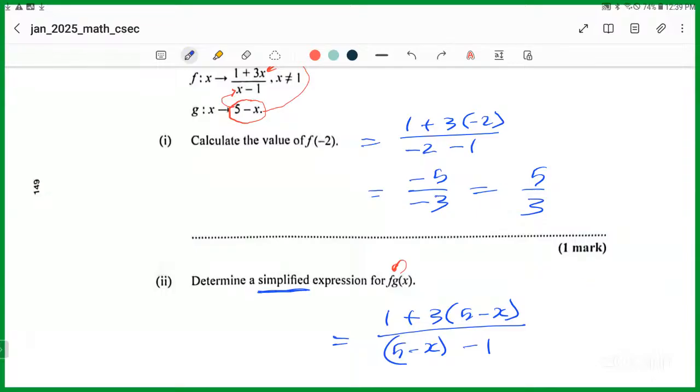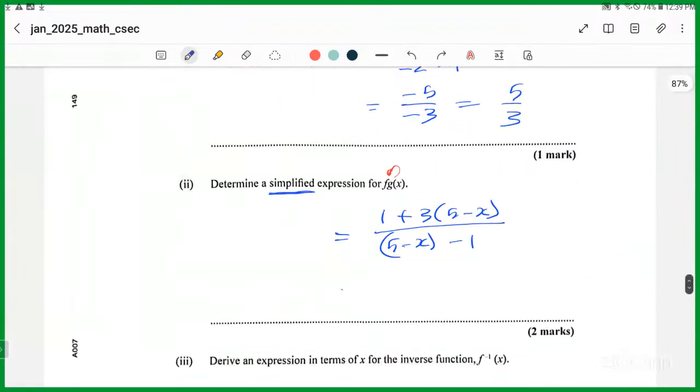I must always simplify. Let's simplify it now. Don't give a lot of space. Now, this works out to be 1 plus 15 minus 3x. 3 times 5 is 15. 3 times minus x is minus 3x.